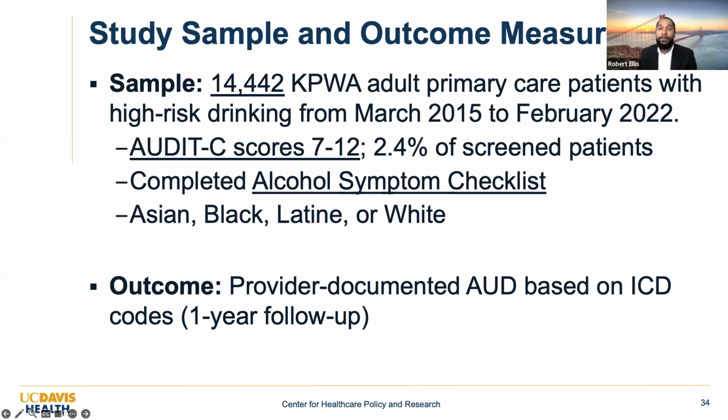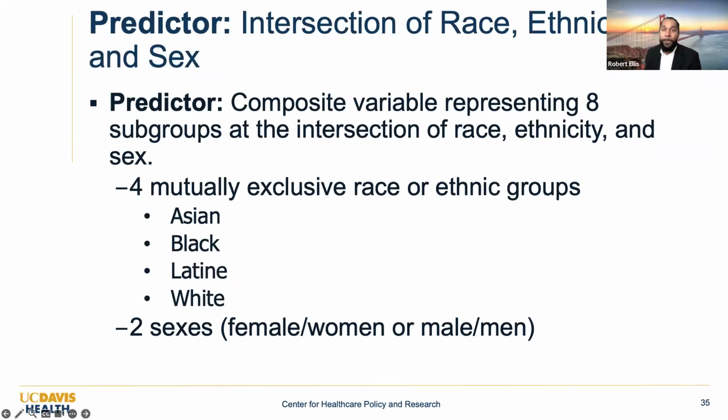And again, our main outcome was to assess provider documented diagnosis of alcohol use disorder based on ICD codes. Our predictive variable is a composite variable that represents 8 intersectional subgroups. And we have women and men from Asian, Black, Latina, and white racial and ethnic groups.